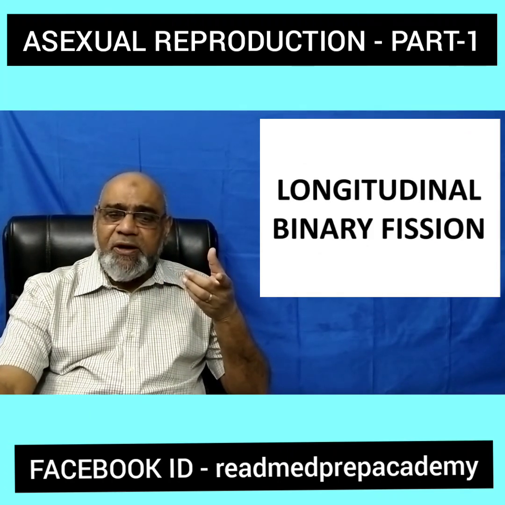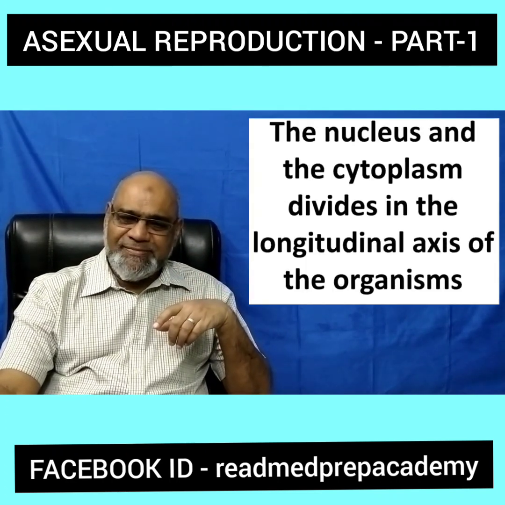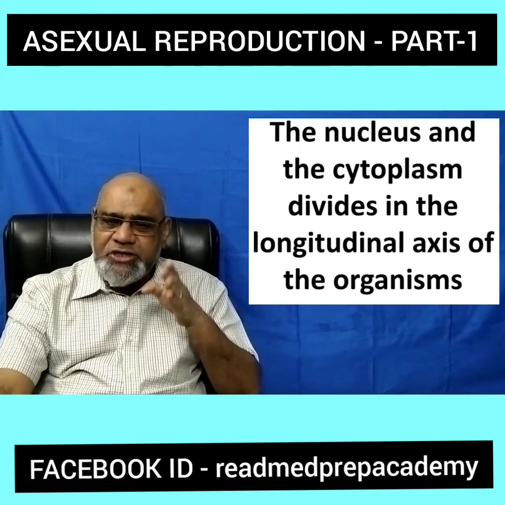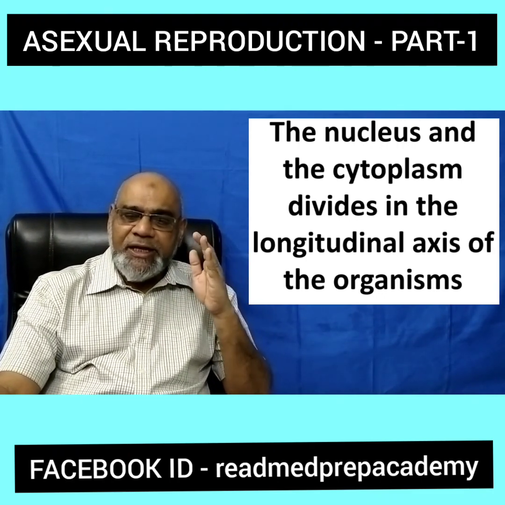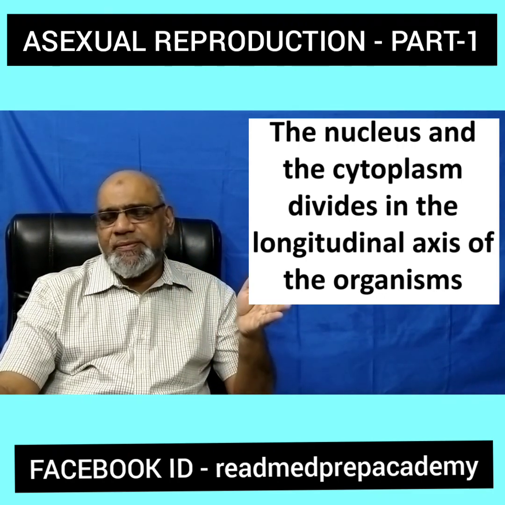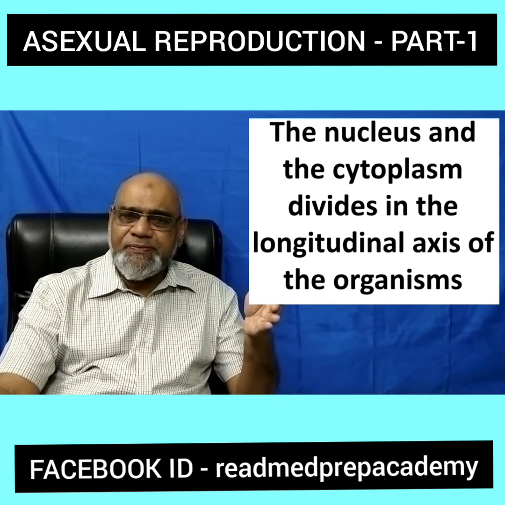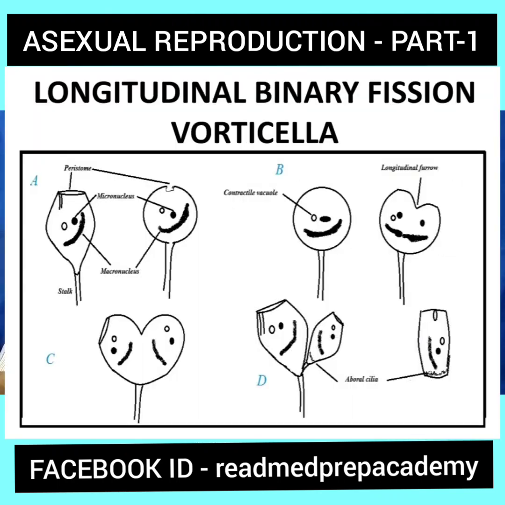Now, what is longitudinal binary fission? As the name implies, the division of the cell is in a longitudinal axis. The nucleus divides in a longitudinal pattern and the cytoplasm divides in a longitudinal axis. This occurs in Vorticella or in Euglena.